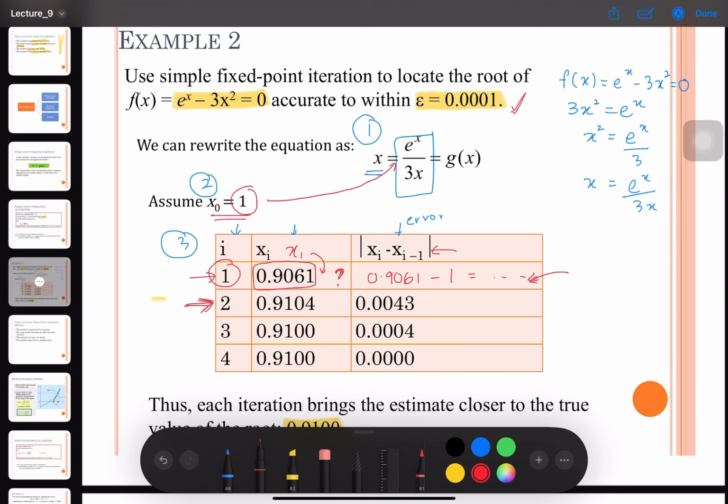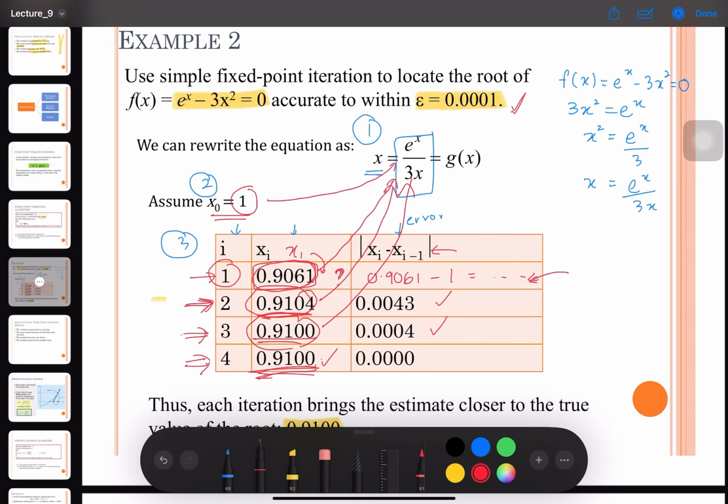So for second iteration, take this value, you substitute into here, you will get this answer. And then check your error, still larger. So for third iteration, take the previous value, substitute into here, you get this answer. Still larger, continue with the next one, take this value, substitute into here, you will get this answer.